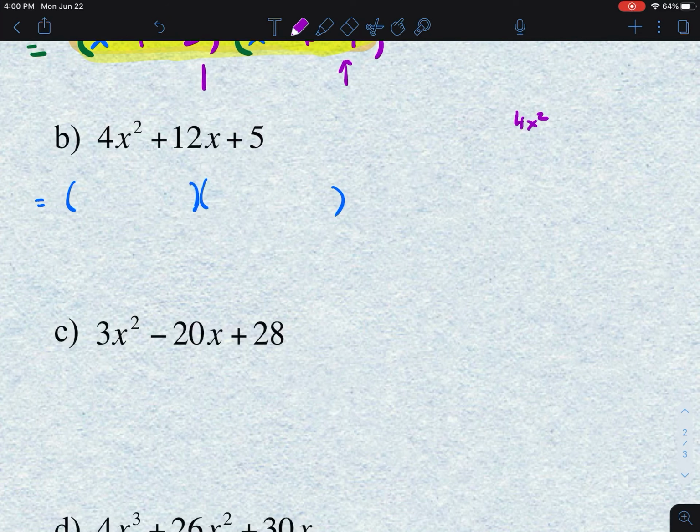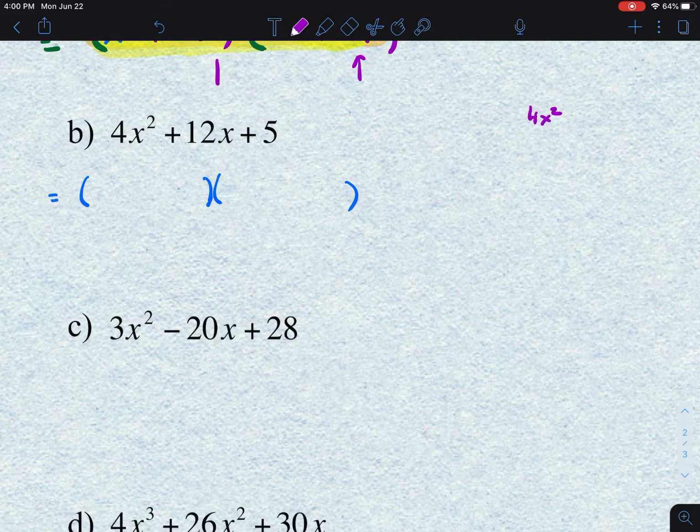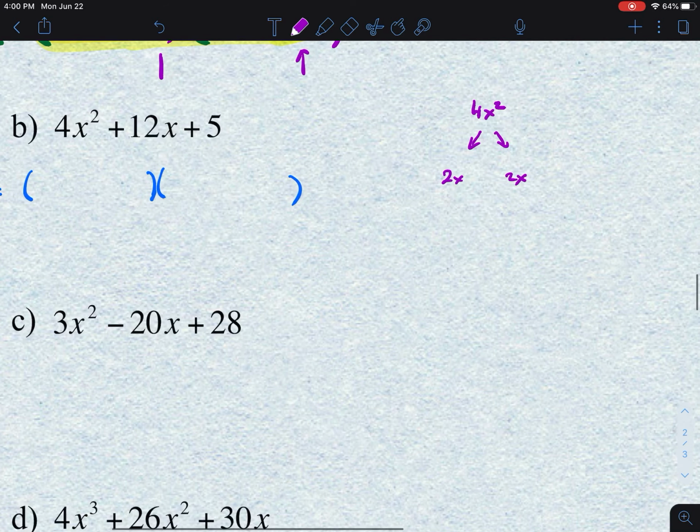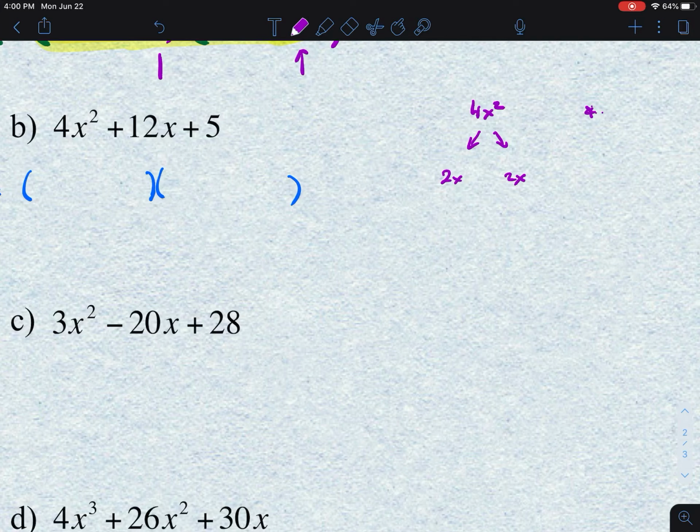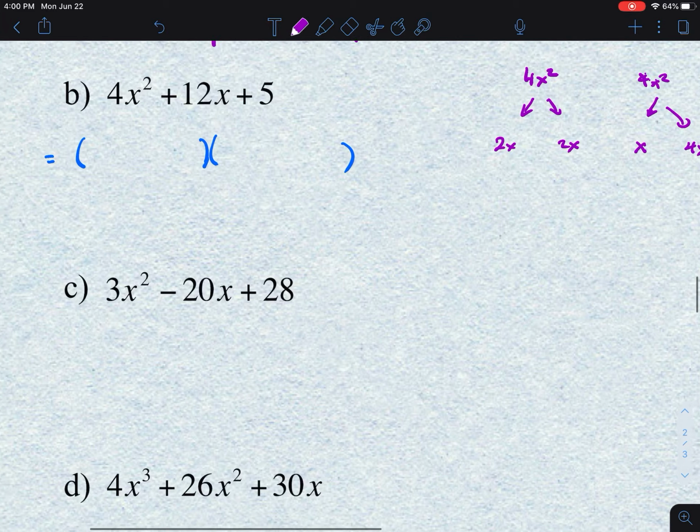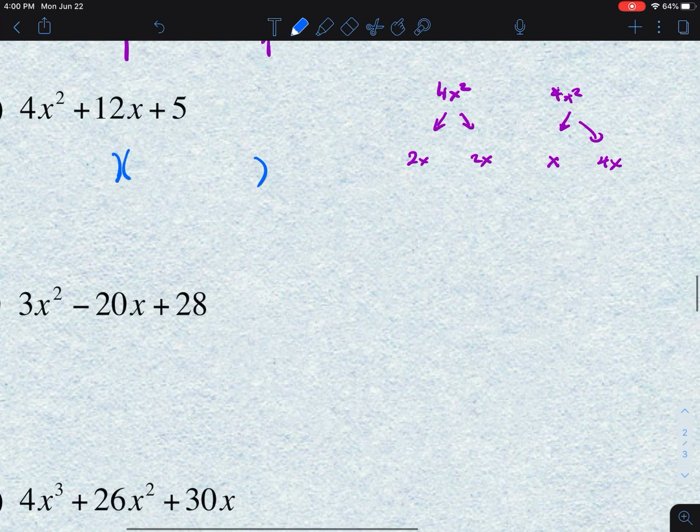Well, 4x squared, we can break down to 2x and 2x, or we can say 4x squared is x and 4x. It's got to be one of those two, right? And then to get the last constant, 5, we can say that's 5 and 1, or that's negative 5 and negative 1. Multiply to get positive 5.